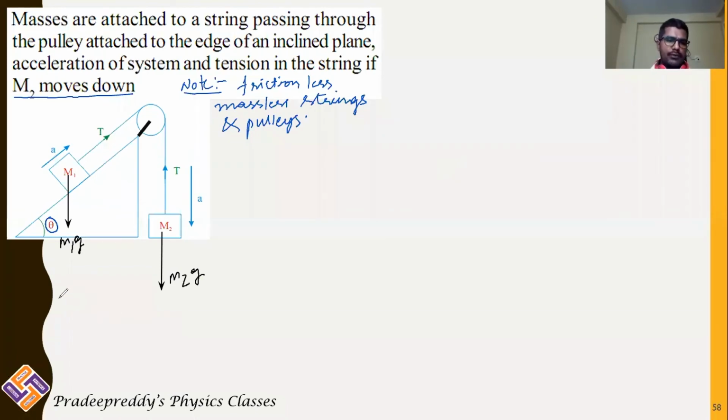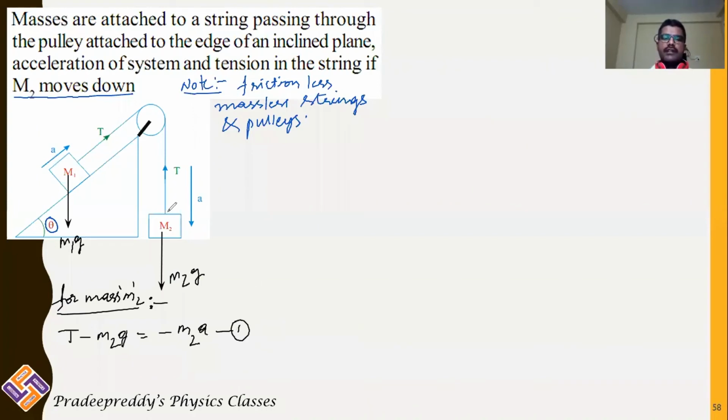Now take mass M2. For mass M2, upward force take as positive, downward force take as negative. So it is T minus M2G is equal to, acceleration is also downward, so I am taking it as negative, minus M2 into A. Take this as equation number 1.